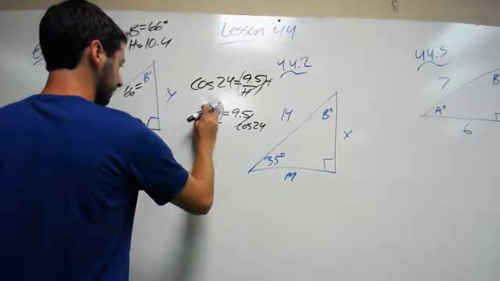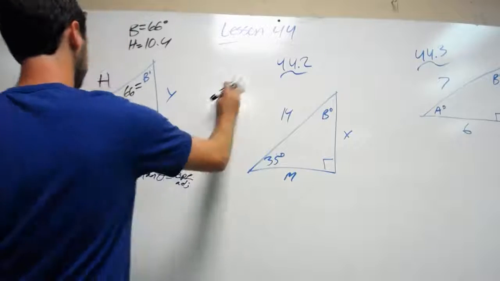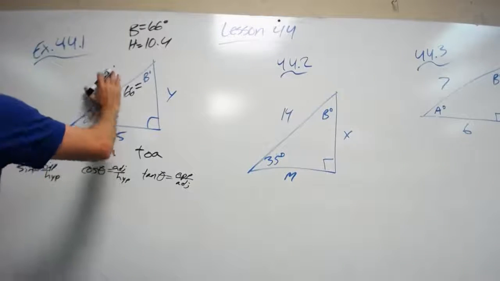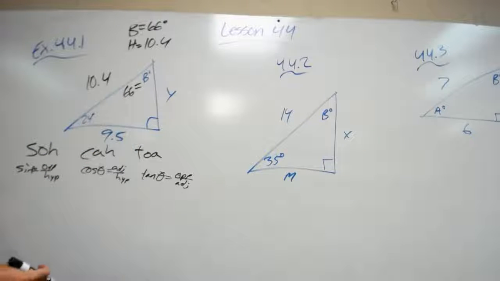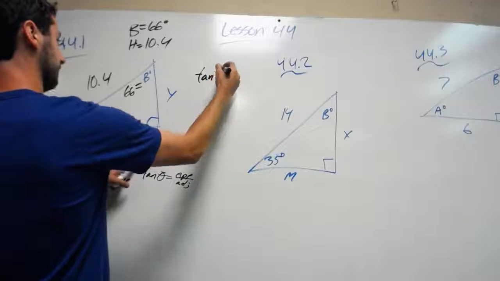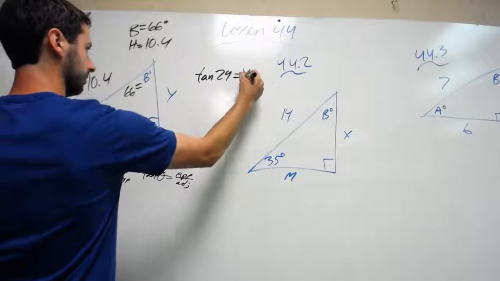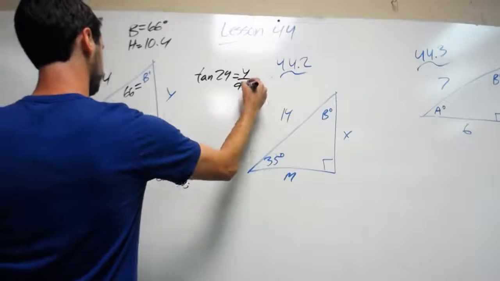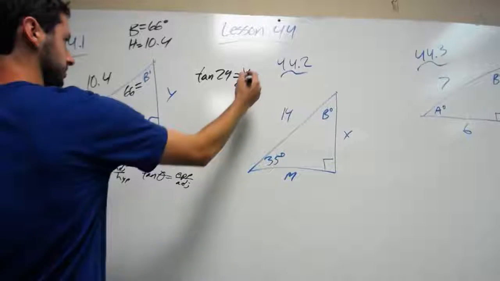And now we've just got our last side. You can solve for y now by doing Pythagorean theorem if you wanted to. But I'm going to go ahead and use tangent here. Tangent of 24 degrees equals opposite y over adjacent 9.5. And I think this way is easier to solve because you just multiply by 9.5.